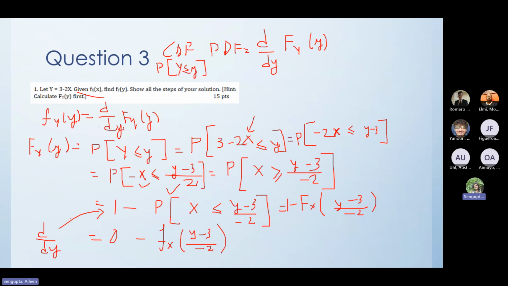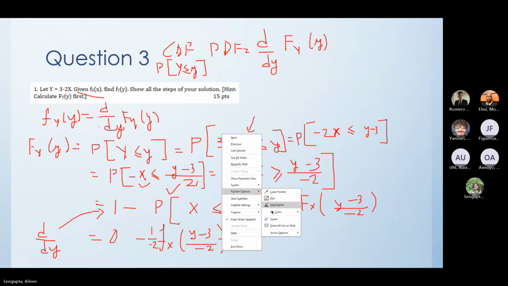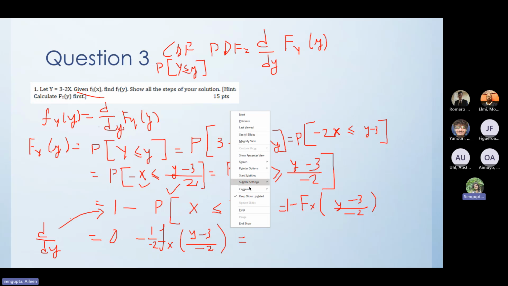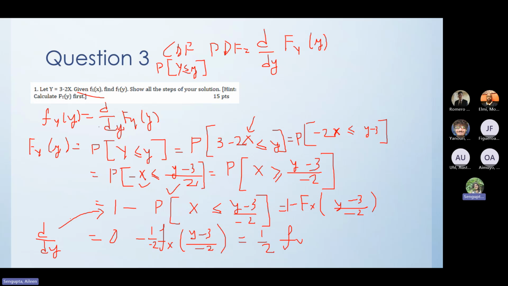You have y, so differentiation of any constants, you have (y minus 3) upon -2. You will have -2 out here, so 1 divided by -2. Sorry about that minus. If you just solve that, you'll have basically half fx of (y minus 3) by -2.